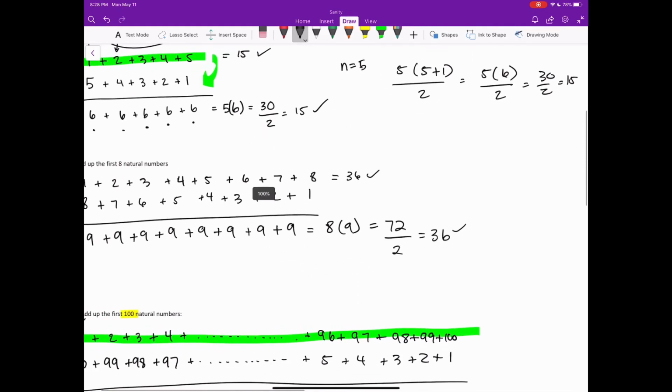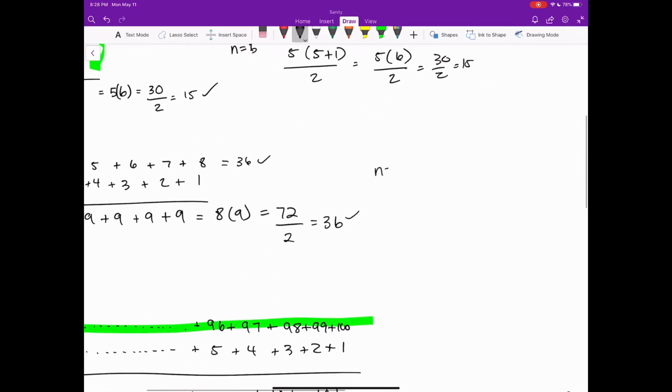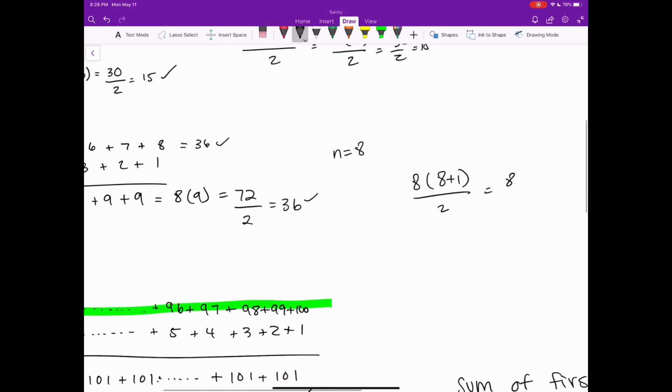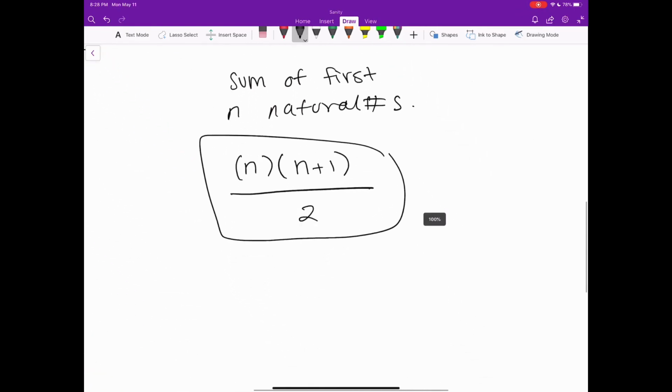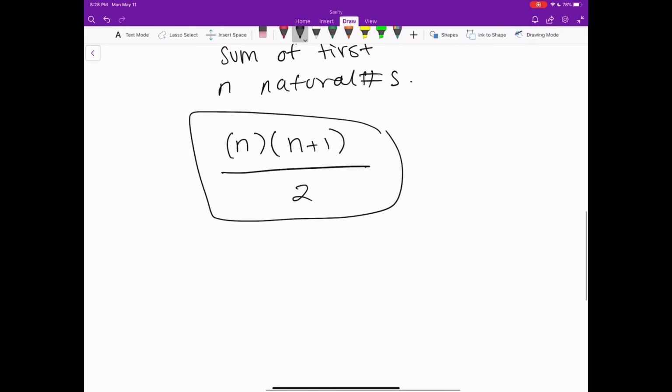All right, so down here with the first 8 natural numbers, now we have n equals 8. 8 times 8 plus 1 divided by 2. Well, that's 8 times 9 divided by 2, which is 72 divided by 2, which is, oh my gosh, it's that 36 that we came up with. So this formula of n times n plus 1 over 2 works.